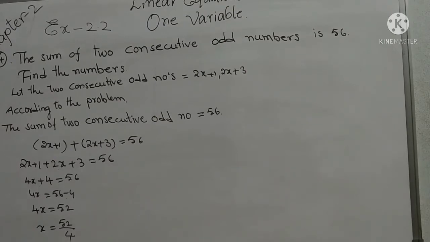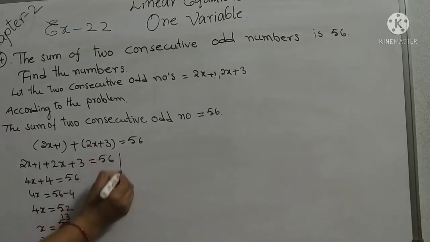Understand that. Now fourth table, 4 ones are 4, 5 minus 4 means 1 is there, 1 to 12, 3 4s are 12. So, finally, x is equal to 13. So the value of x is substituted in the two consecutive odd numbers. Understand that? Okay, right.